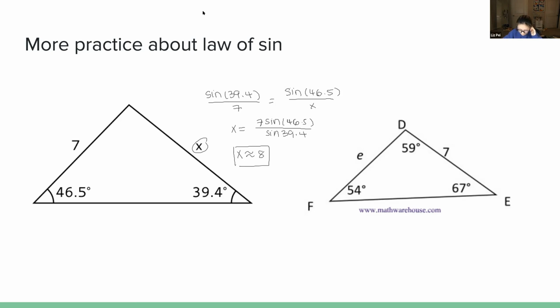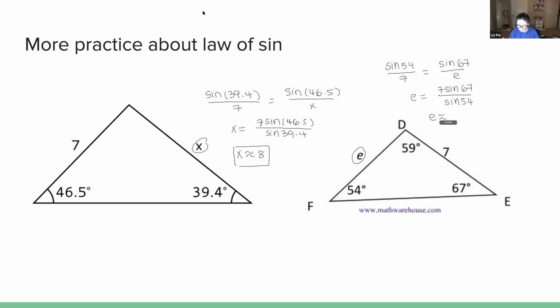Okay, next one. Here, I assume they're looking for E. To set up the equation, it will be sine 54 over 7 equals sine 67 over E, and E equals 7 sine 67 over sine 54.